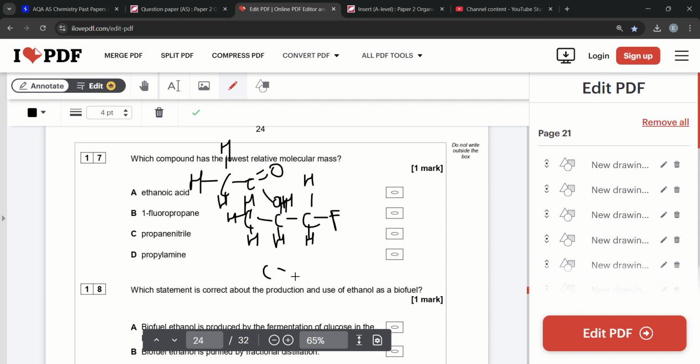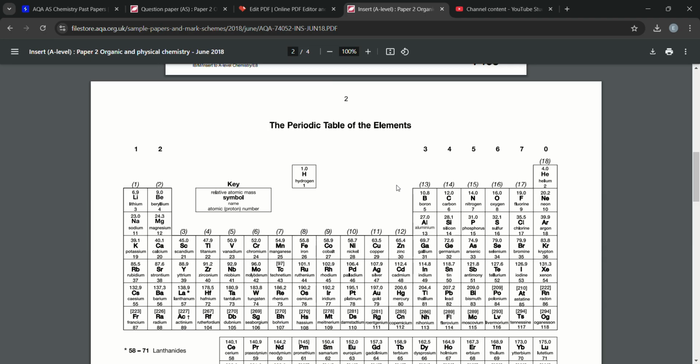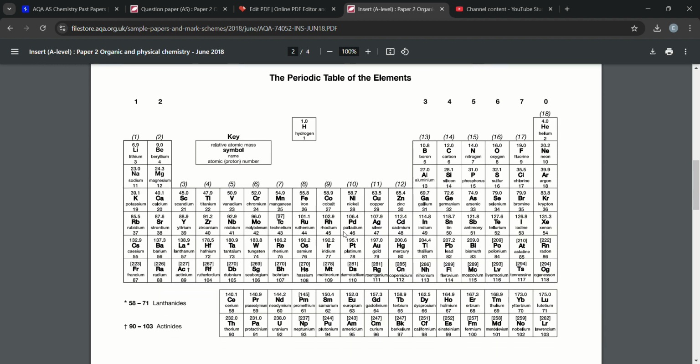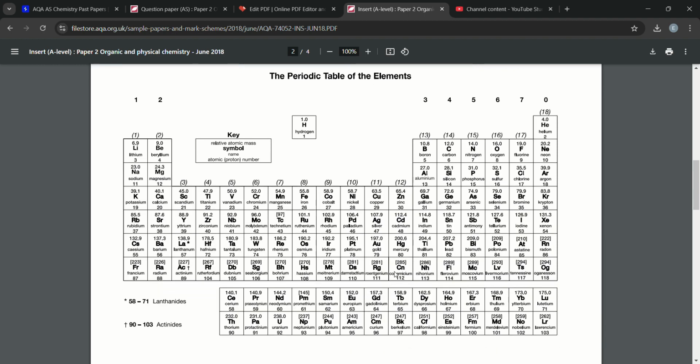Propane nitrile, propane with a nitrile group. CN, and if you look at CN.